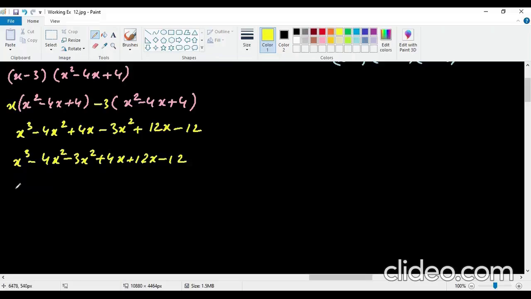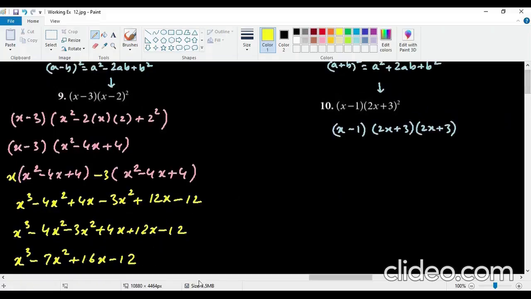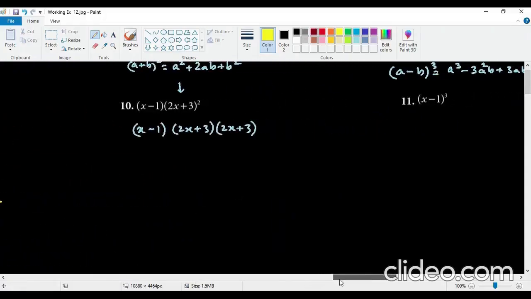Further simplification is going to give me x³ − 7x² + 16x − 12 as a final answer for this question. Moving on to question number 10. In here again, a formula is going to be used.